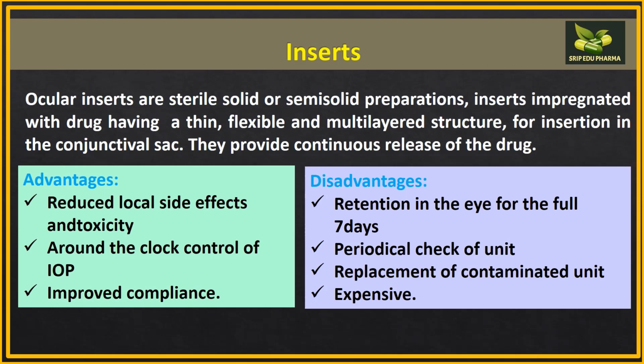The important advantages are reduced local side effects and toxicity, around the clock control of intraocular pressure and improved compliance. But the major disadvantage is that retention in the eye for the full 7 days is sometimes difficult. Then we have to periodically check the unit, then replace the contaminated unit, and these inserts are expensive.